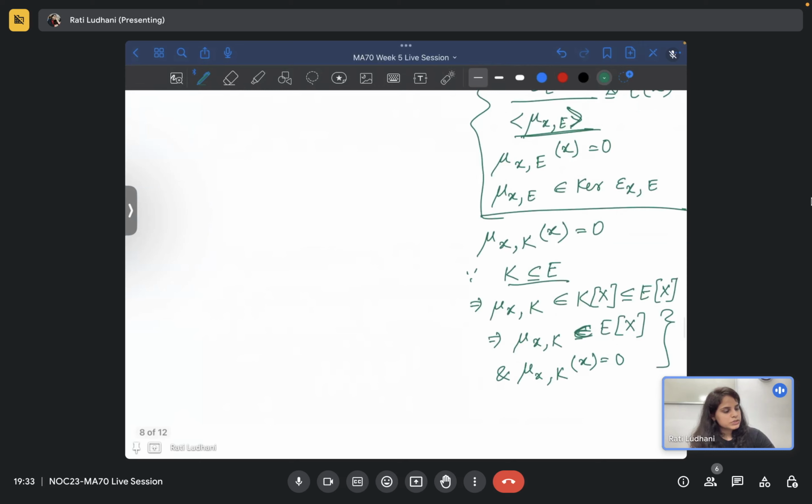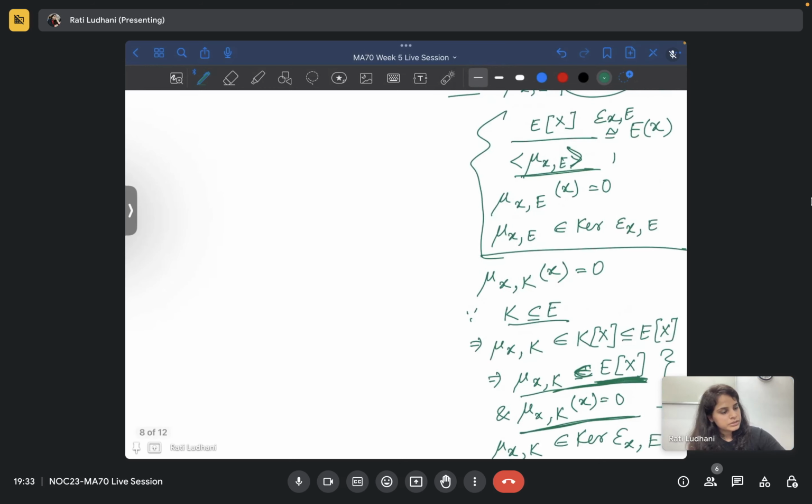So these two things imply that this polynomial belongs to the kernel of this map epsilon x comma e, because we are interested in E. This polynomial will be in the kernel of this map, right?